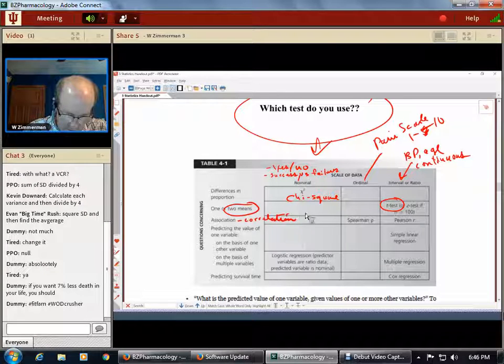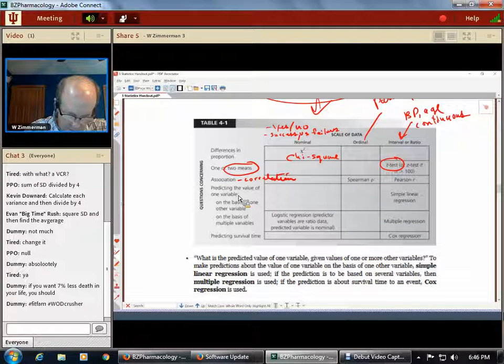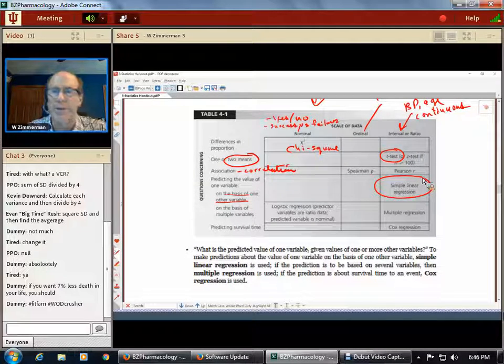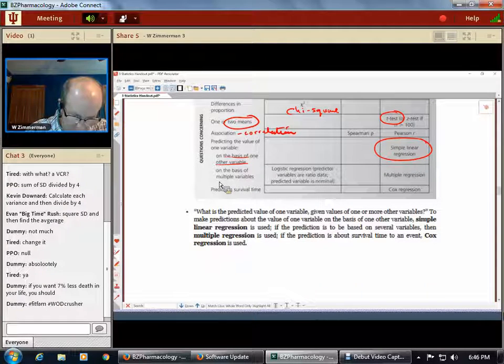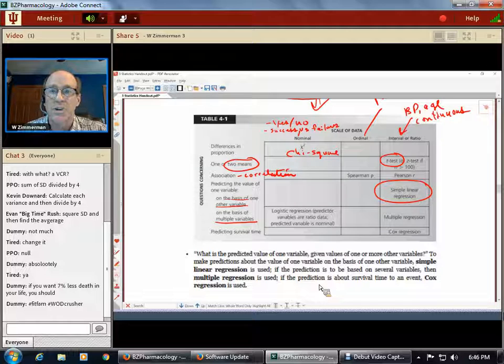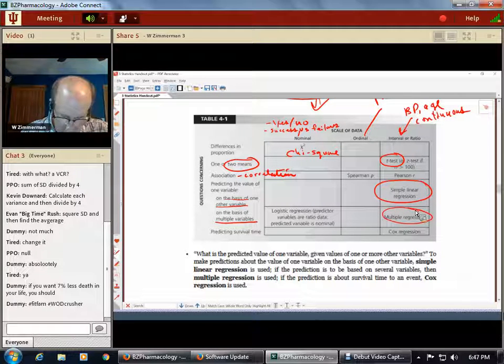Let's see, the next one is predicting the value of one variable on the basis of one other variable. So this is X versus Y. That's simple linear regression. When it's on the basis of multiple variables, it's going to be logistic regression if it's nominal data. Were they exposed? Were they not exposed? That kind of thing. Or it's going to be multiple regression. And finally, predicting survival time.